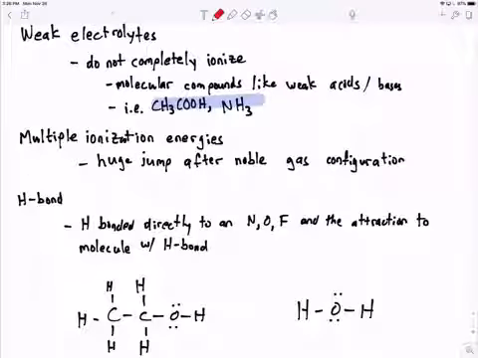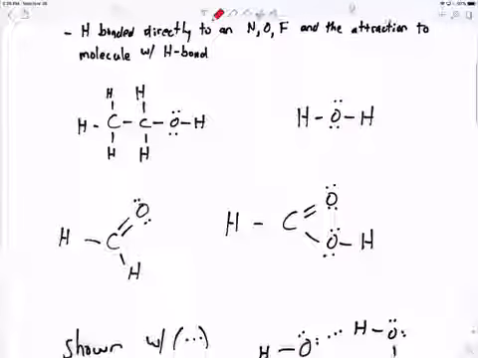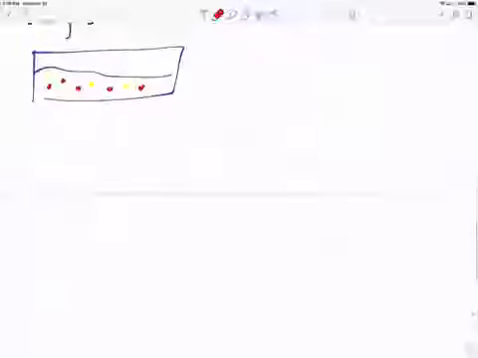But I wanted to emphasize that as well. Okay, multiple ionization energies. The noon class had some questions about this one. So let's look at period number 3.